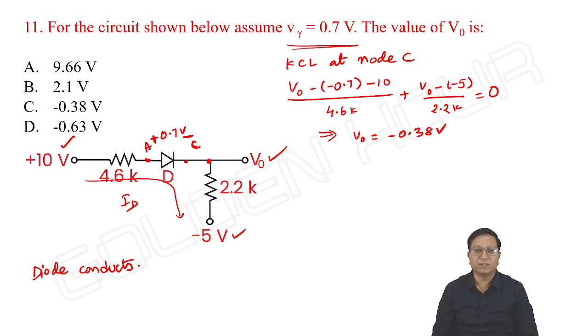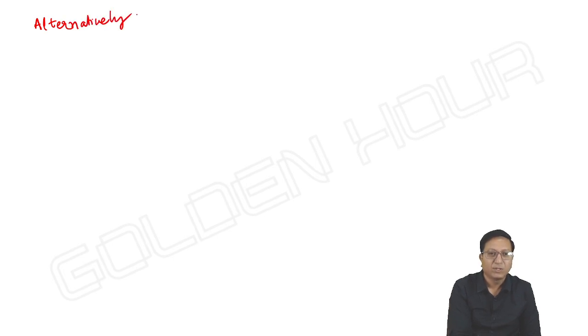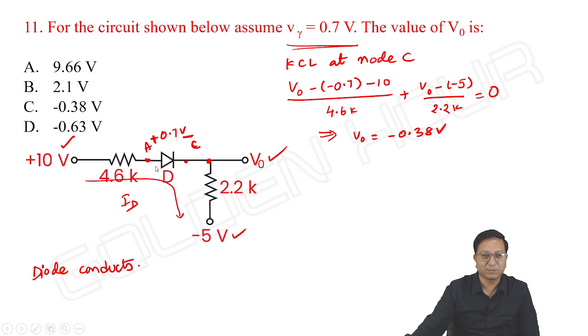Alternatively, what we can do, we can find the current through the diode. Next, we can write V output. That is a bit time consuming process. Okay, alternatively, I will do it in the next line. Alternatively, let us take the current. How do we find the current in the circuit?